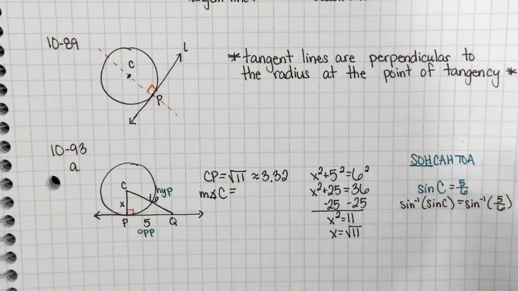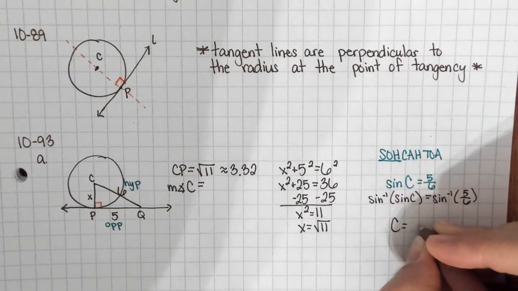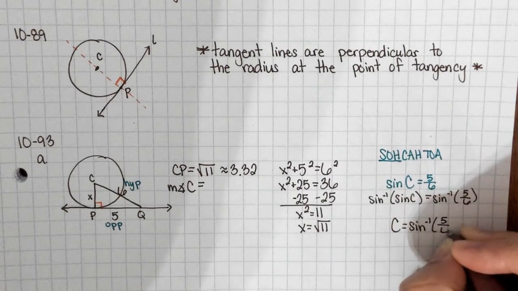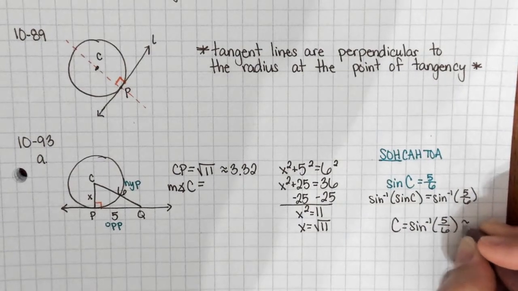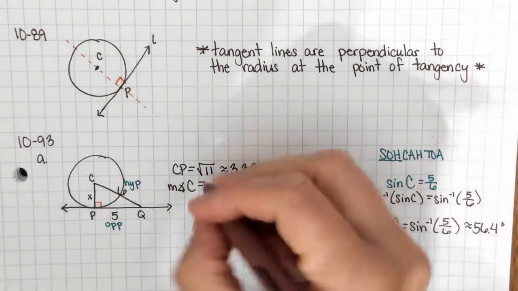By doing that, these cancel out. So C is equal to sine inverse of 5 over 6. Have to have your calculators, make sure it's in degrees, which is about 56.4 degrees.